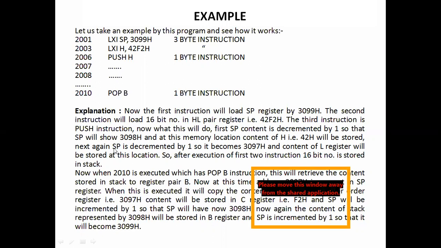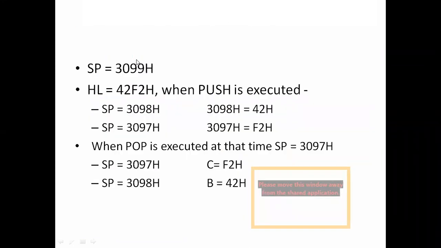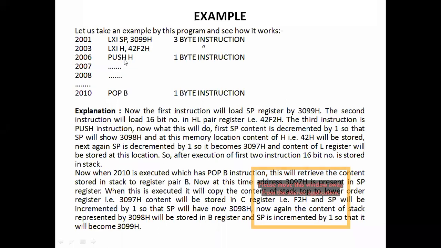Next, SP is decremented by 1 again, so it becomes 3097, and the content of the L register will be stored at that location. So after execution of this instruction, a 16-bit number is stored in the stack, and the content of the stack pointer will be 3097.